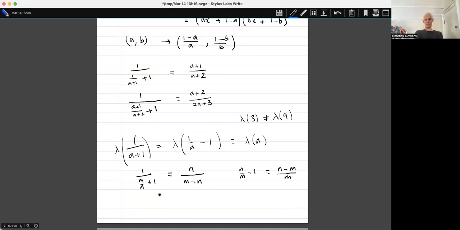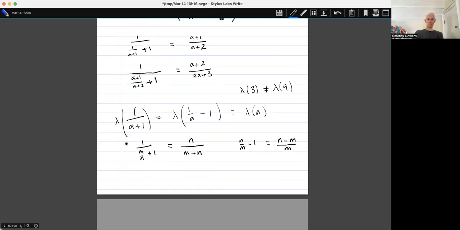So it must be something about the pair of numbers. But actually, the fact that it preserves the highest common factor is still quite useful.